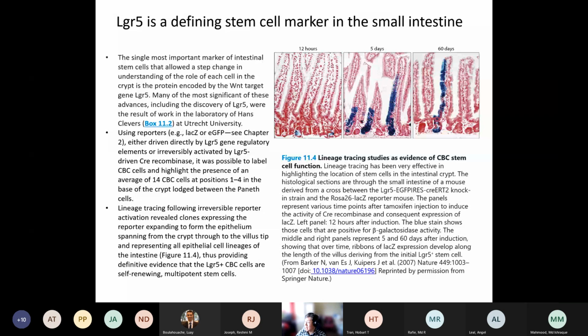When you cross these two animals, you can label the LGR5 positive cells and their progeny, their daughter cells, daughter cells of daughter cells, all the cells resulting from that one positive cell, permanently labeled by beta galactosidase positivity. And now you can see at 12 hours of that labeling, you see some cells at the base of the crypt, only a small amount of cells. I would say like 2 or 3 cells there.